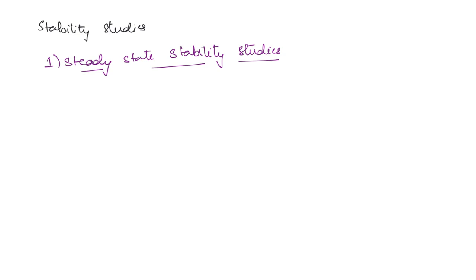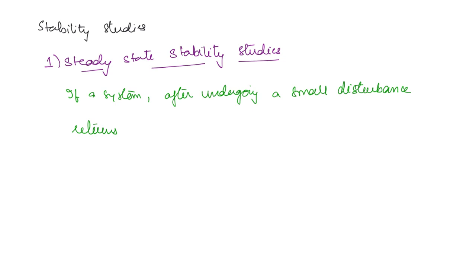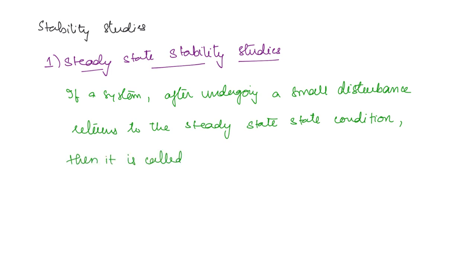So you can write down here, if a system after undergoing a small disturbance returns to the steady state condition, to any steady state, right, then it is called steady state stable.